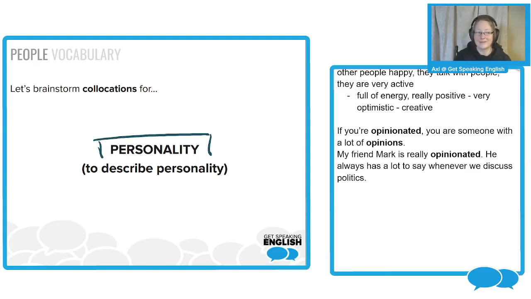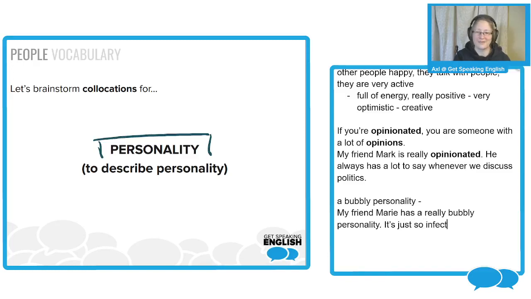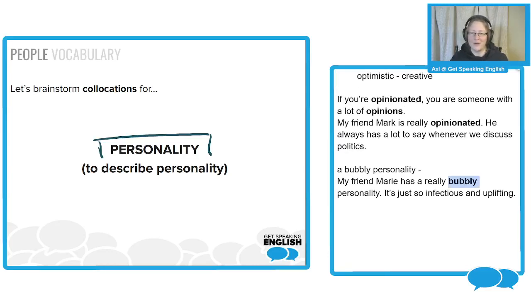We might say that somebody has a bubbly personality. That's a good one. So for example, my friend Marie has a really bubbly personality. It's just so infectious and uplifting. There are a couple of words in here. So if you have a bubbly personality, maybe you're full of joy, really friendly, laugh a lot.